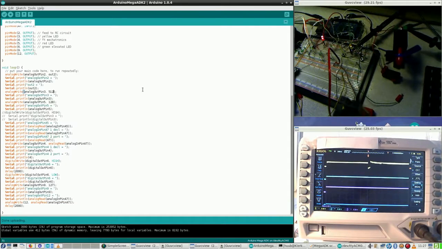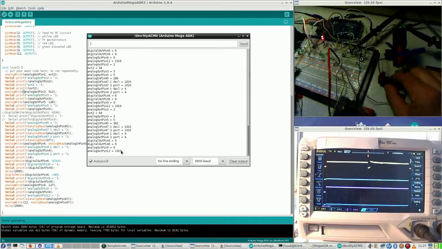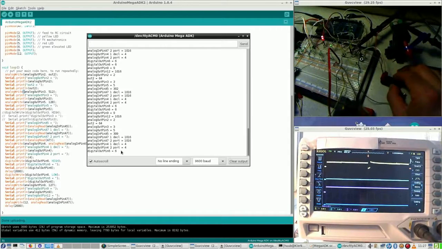That should make a difference. With emphasis on should. So let's see whatever difference it is. Pin 3 is 3. That doesn't make any difference. And neither does this.